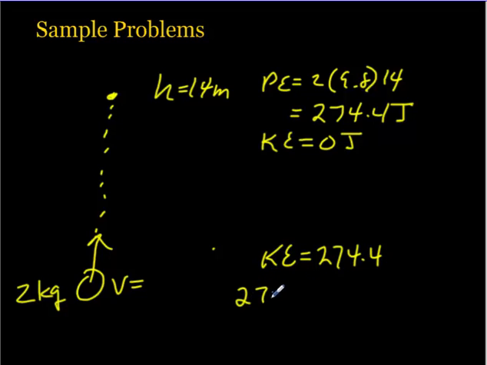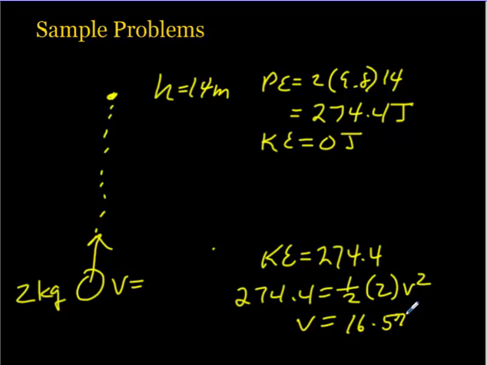So 274.4 is equal to 1/2 times 2 times velocity squared. So the velocity at the bottom of the path is going to be 16.57 meters per second.